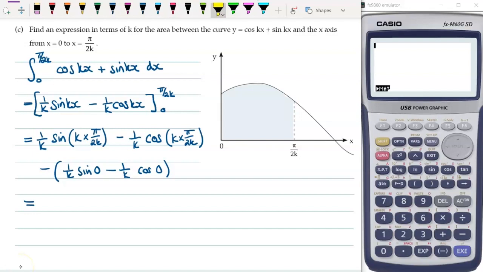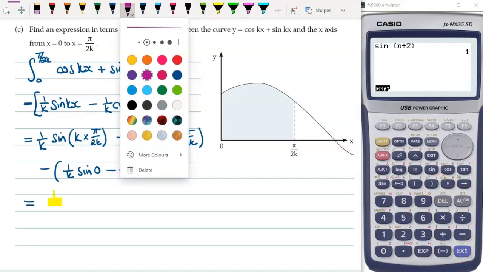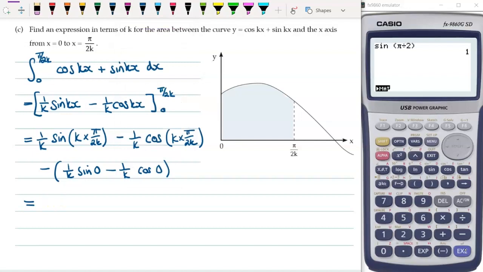So now if I do this bit here, the k times pi over 2k, well, the k's are going to cancel, so it's just pi by 2. Now sine of pi by 2 is 1, so I just get a 1 over k here.